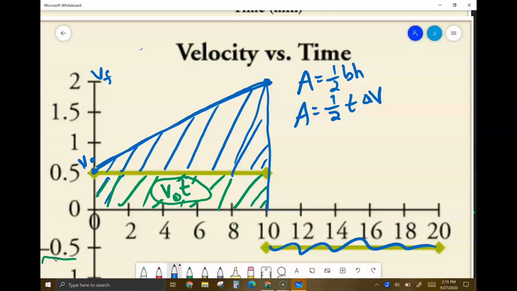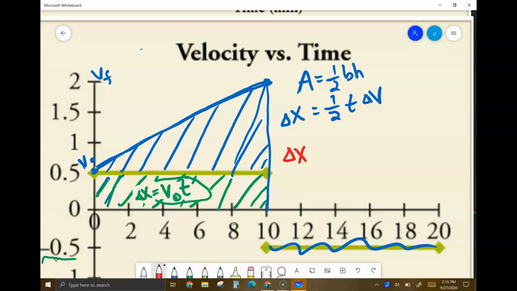Okay. So that's the displacement for just the blue part, and V0 times T is the displacement for the green part. So if I want total displacement, let's make that red.